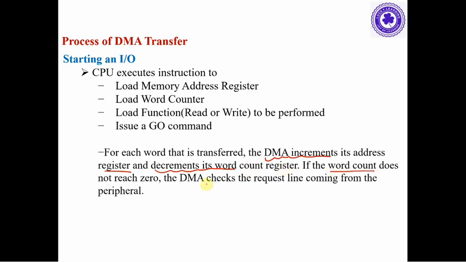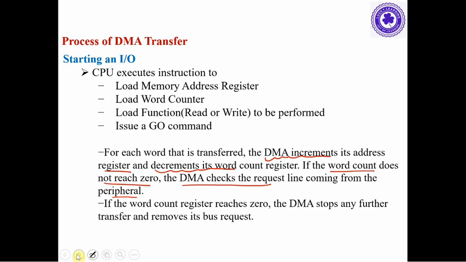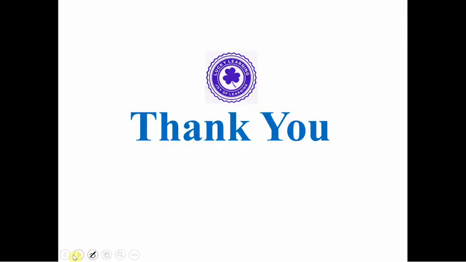If the word count does not reach 0, the DMA checks the request line coming from the peripheral, meaning whether the request is enabled or disabled, meaning whether to continue the DMA transfer. And if the word count register reaches 0, the DMA stops any further transfer and removes its bus request. This is what is going to happen with DMA transfer.